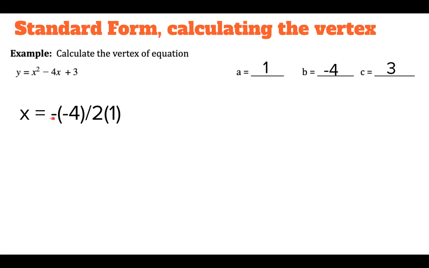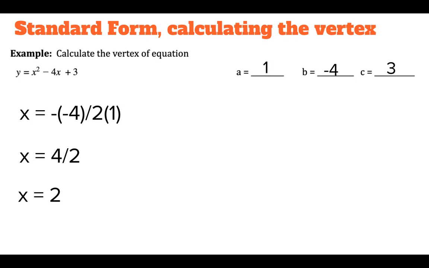You'll notice the two negatives, it'll be positive. So you could just plug in a +4, or you could plug in the double negatives, divided by 2 times my a being the 1. So it becomes 4 divided by 2, which is 2. So that is the first part of this.